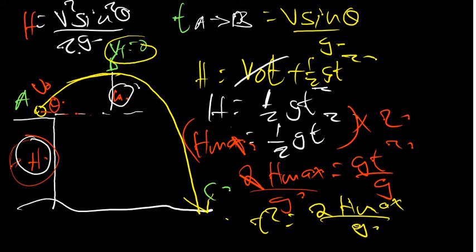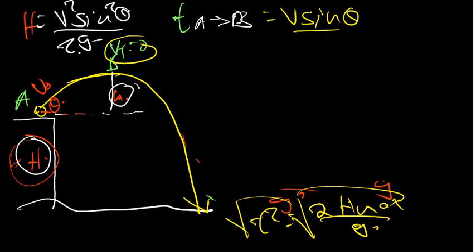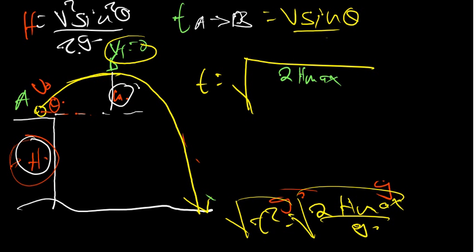So we take the square root of both sides, and the formula we get is t equal to the square root of 2 times h max, everything divided by g. This is the time from B all the way to C. So we just have to add these two.